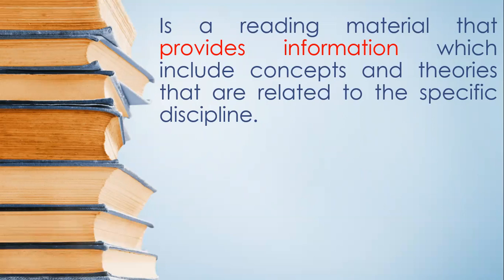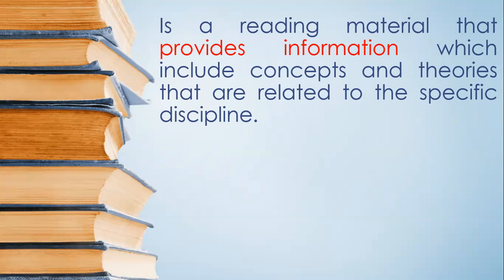Okay, so what are some examples of academic texts that we can read and encounter? Examples are, of course, the textbooks that we use whenever we are doing our researches, homeworks or seatworks.